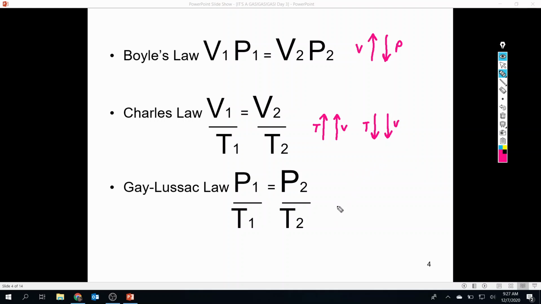Again, if pressure is constant. What if pressure is not constant but volume is? Well, then as temperature increases, pressure increases. And if temperature decreases, pressure decreases as well. So take just a second, pause the video, and be sure that you have those three sets of information recorded in your notes.